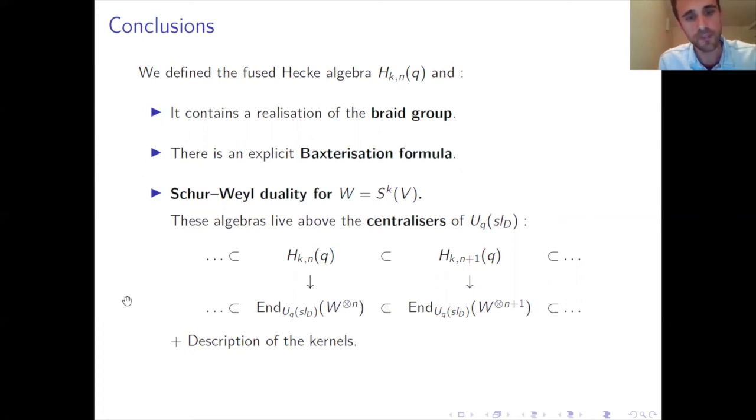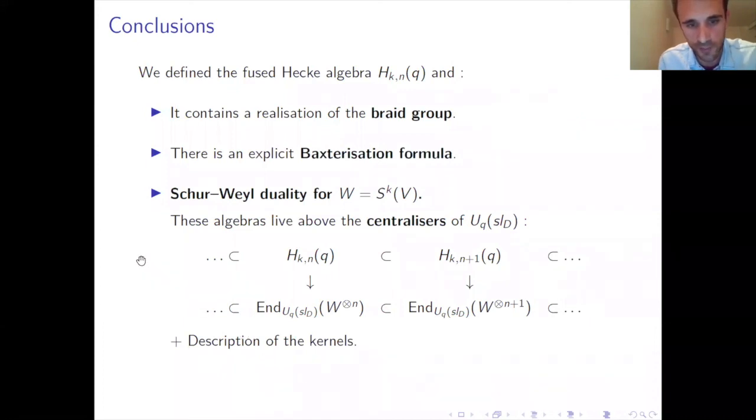And then the last part, the biggest part maybe, was that we have the full Schur-Weyl duality statement. First, that the fused Hecke algebra surjects to the centralizer of UQ SLD, sometimes called the first fundamental theorem in invariant theory. And the second fundamental theorem will be to understand the kernel, and we have a description, conjectural in general but proved in many cases, of the kernel.